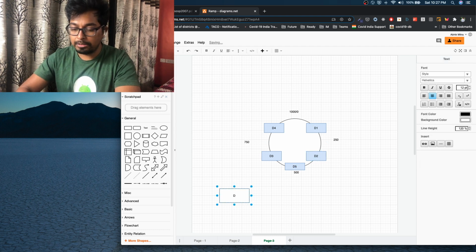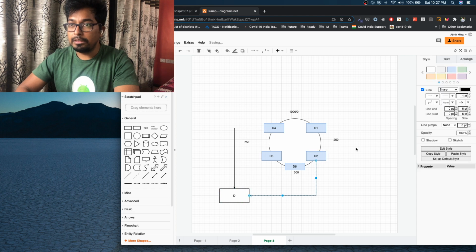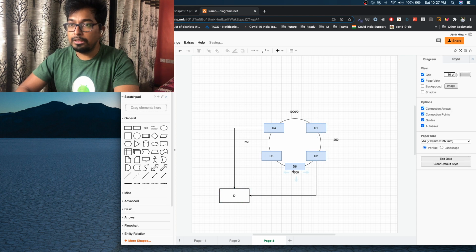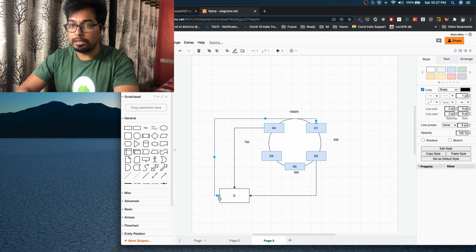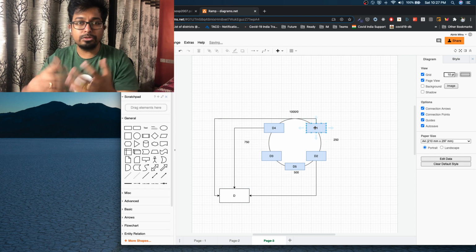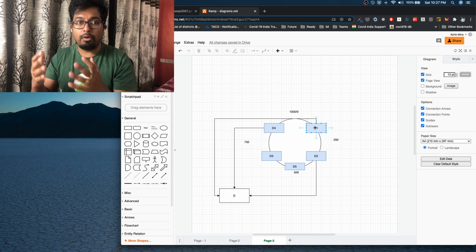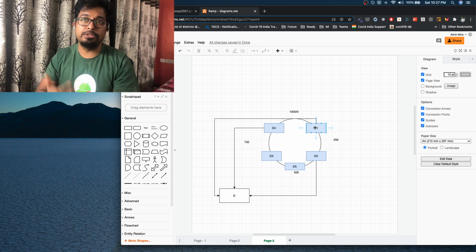So let's call this just D. And so D4 also maps to D, D2 also maps to D, and maybe D1 maps to D. So even though D4, D2, and D1 look like separate nodes in a consistent hash ring, they're really virtual nodes and all of them map to the same physical machine.